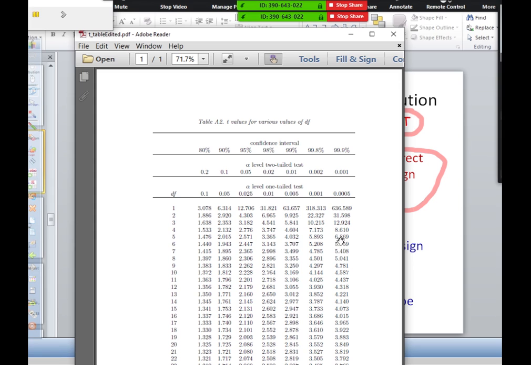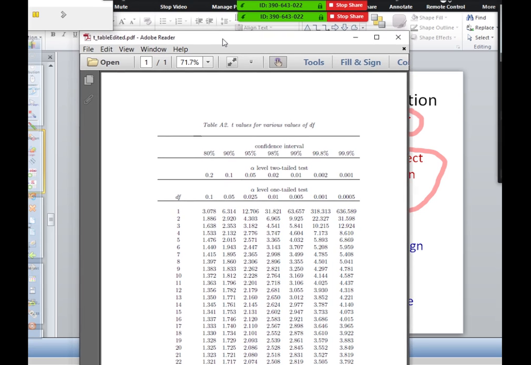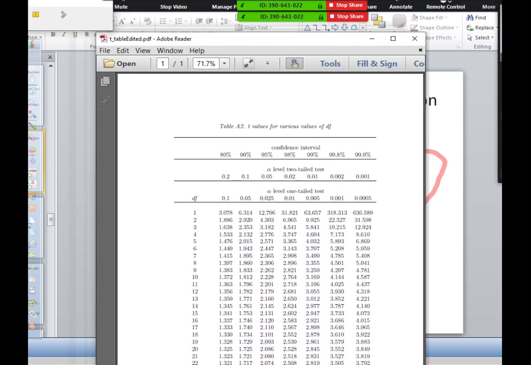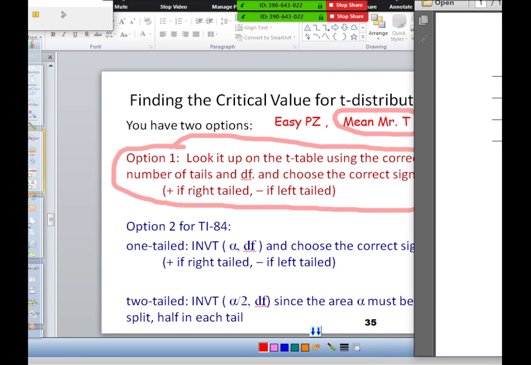You know all z-scores that are less than 0 should be negative on the left side, right? So whenever you look it up and you find a t-score or z-score, either one, if it's a left-tailed test, you're going to make it negative. Just make it negative. If it's two-tailed, then you're going to have one positive and one negative.